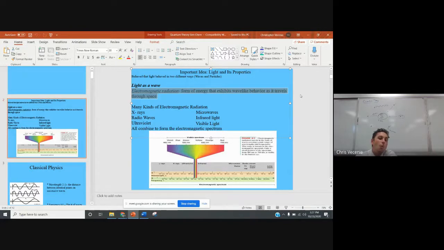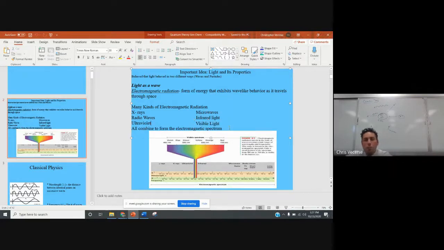And depending on what the wave looks like, we change the name of the radiation, right? So I listed all of the different types of electromagnetic radiation, things like X-rays, radio waves, ultraviolet, UV, microwaves, infrared, then visible light.